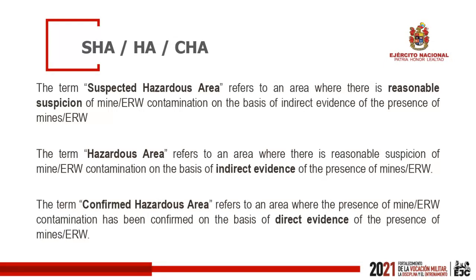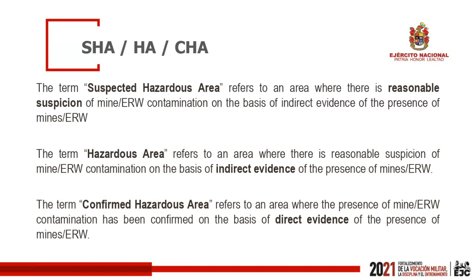Here you can see the difference between the different acronyms that we use. For example, the first one is the suspect hazardous areas, and the hazardous area and confirmed hazardous area. The suspect hazardous area and the hazardous area are very similar in the main.